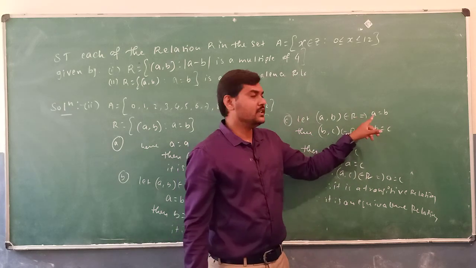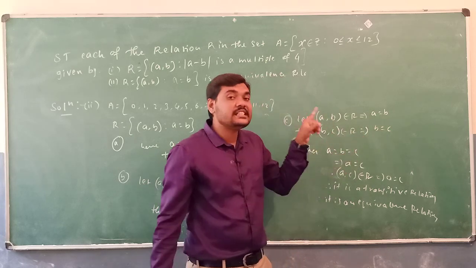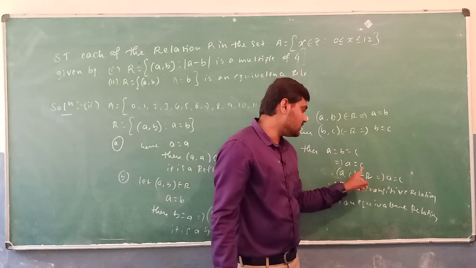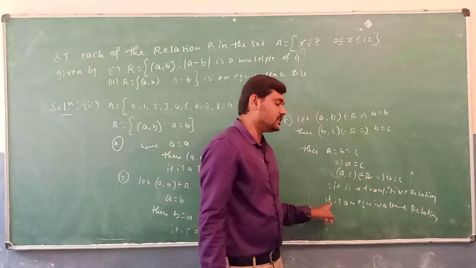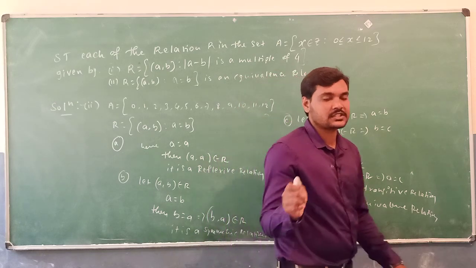Suppose a is equal to b is equal to c, then a is equal to c. (a, c) is also a member of R. So it is going to be a transitive relation. So it is going to be an equivalence relation.